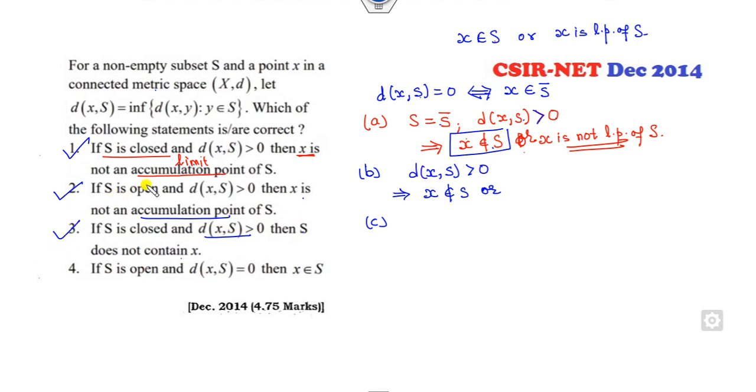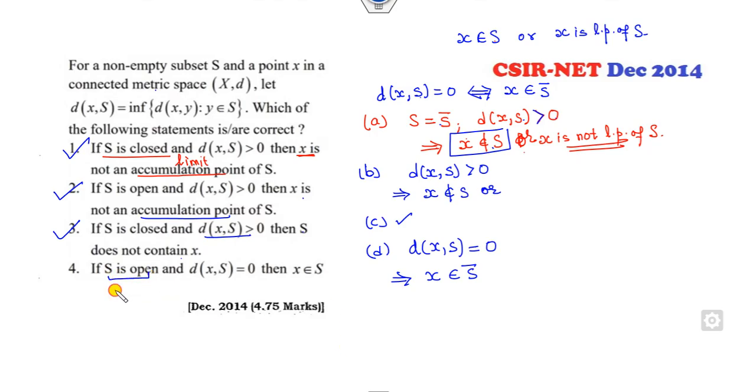So which of the following is a correct statement? Okay, these three are correct statements. Look at this one. S is open and now D of x comma S is 0. What does it mean? x belongs to the S closure.